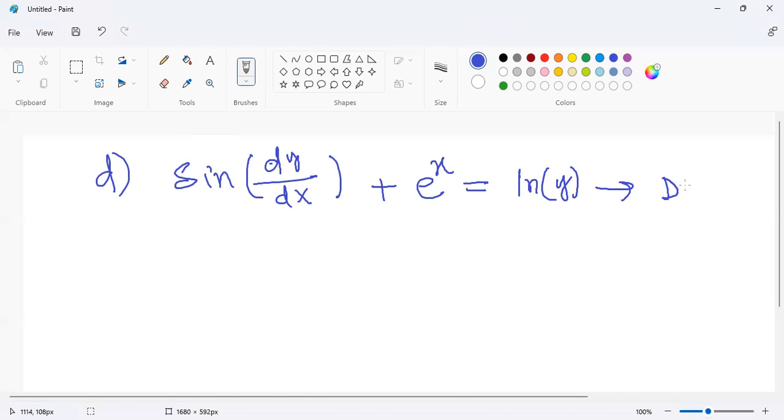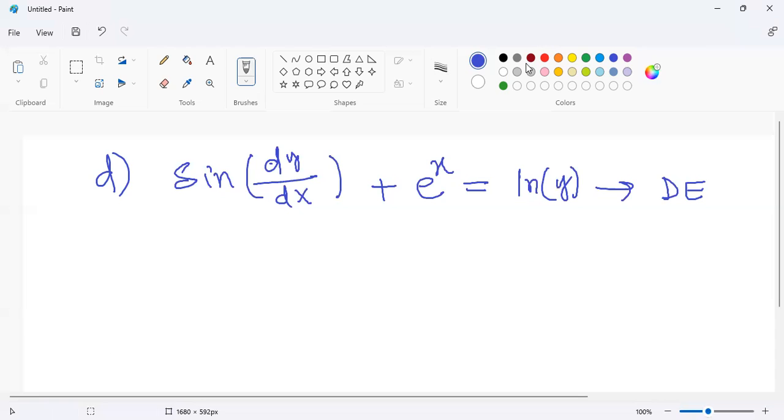This is also a differential equation because it involves the derivative of an unknown function y which is depending on x. One interesting example comes next.